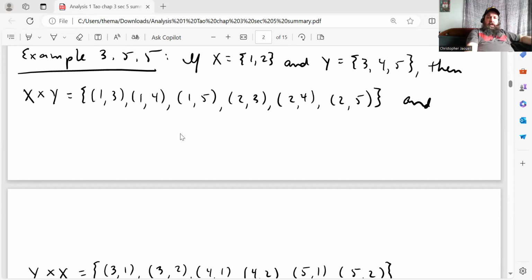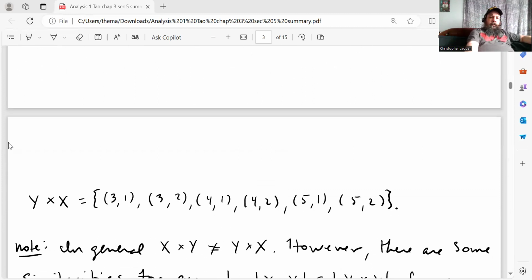Do make a note that there are 6 elements in X times Y, and notice that there are 2 elements in X and 3 elements in Y. 2 times 3 is 6. We haven't talked about cardinalities yet, but that should suggest a way of finding the cardinality of at least a finite Cartesian product. We'll talk more about cardinalities in section 3.6.